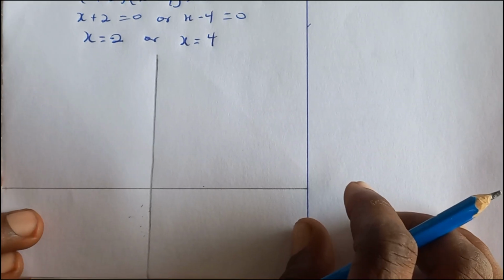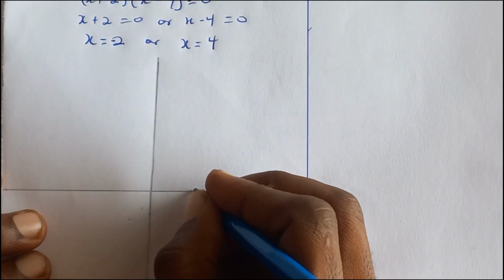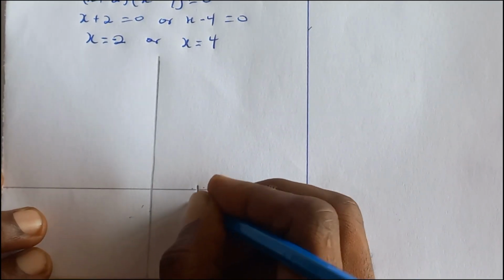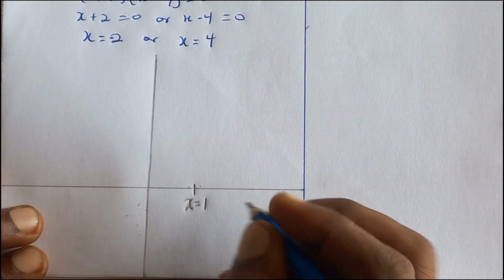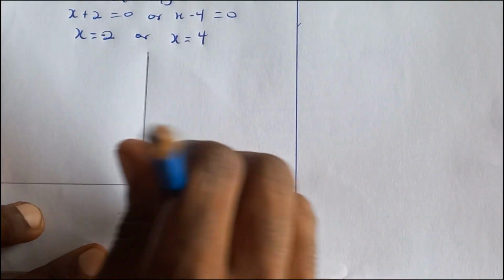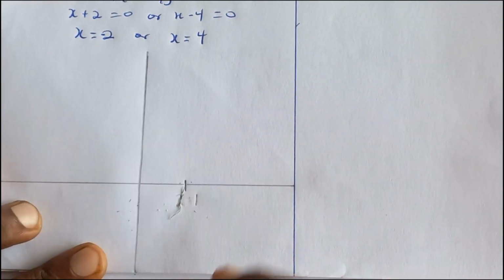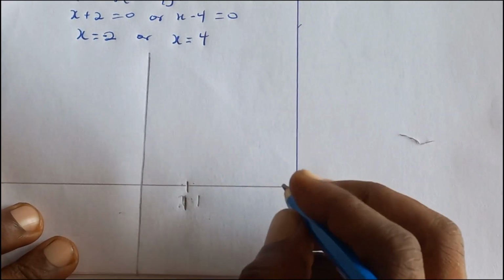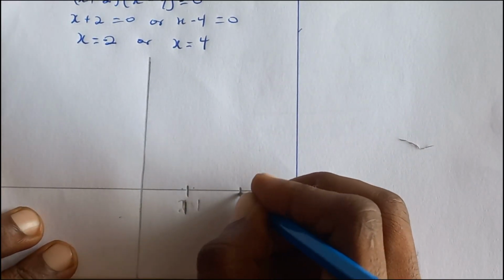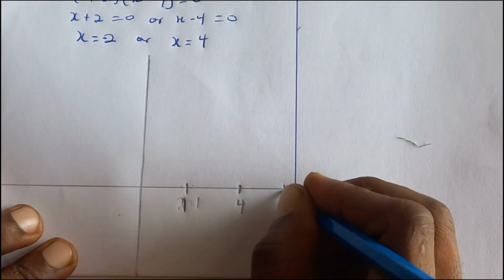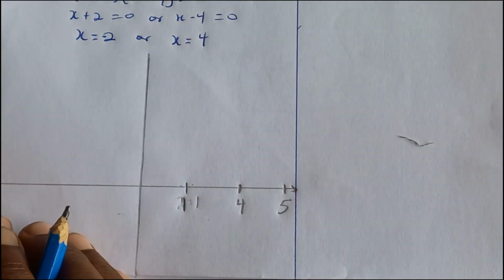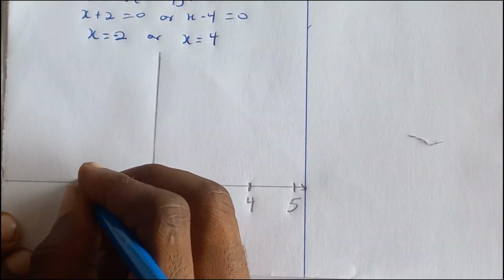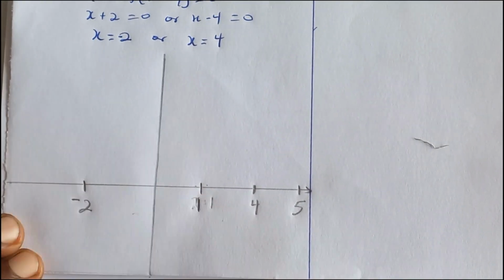Good. So we have x is equal to 1 here, because we all know that this is the x-axis. Then we have x is 4 and x is 5, and we have our negative 2, so let's assume negative 2 will be somewhere here.